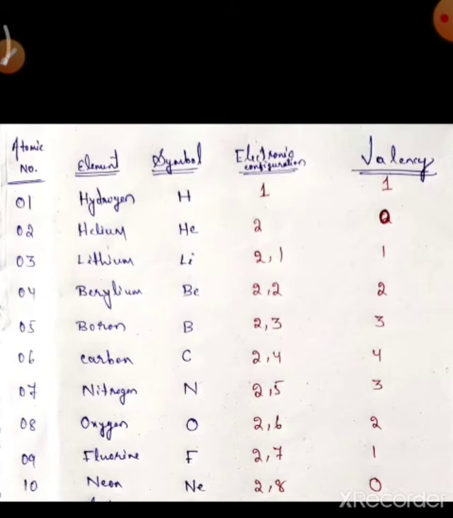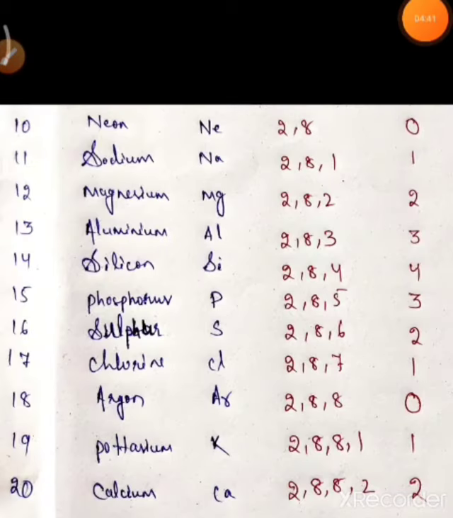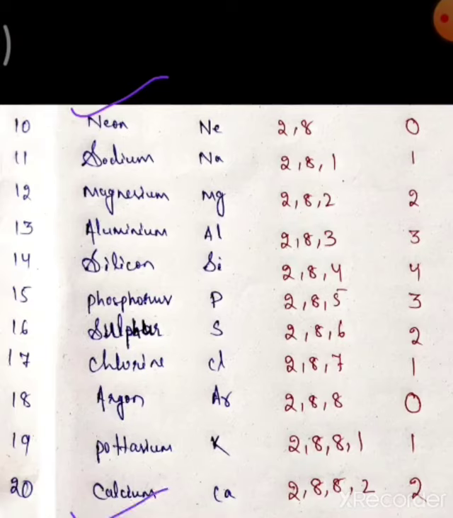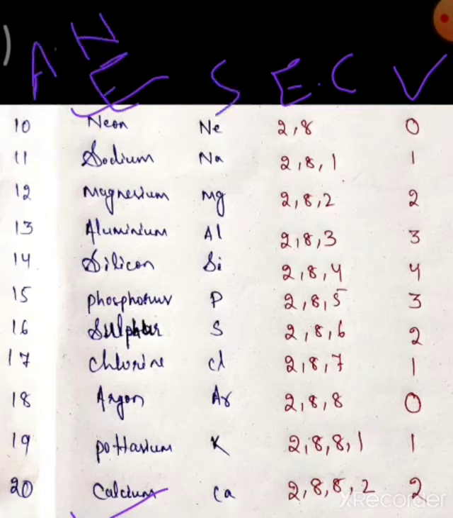This is from 1 to 10 and this one is 10 to 20. From neon to calcium is given here, and there from hydrogen to fluorine it is given. This one is the electronic configuration, valency, symbol, element and atomic number.